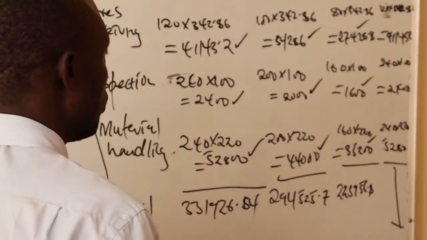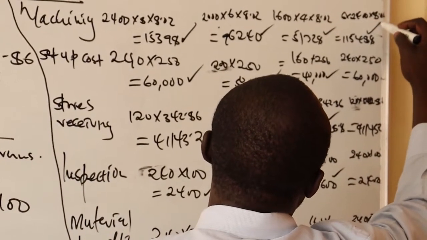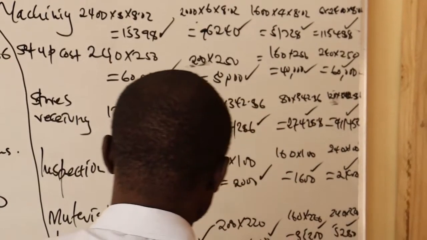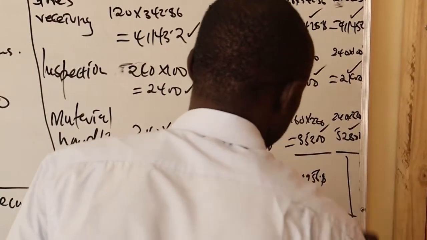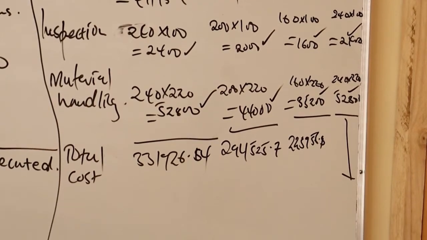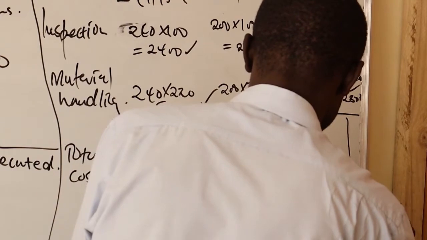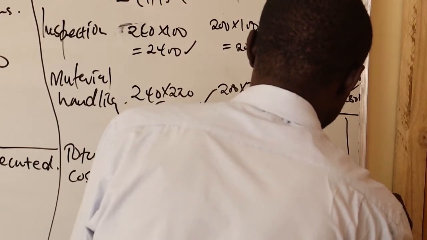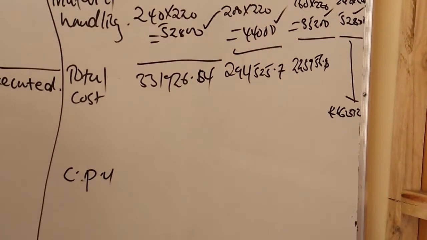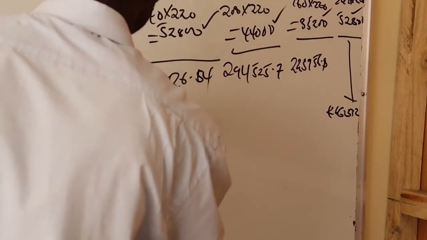We're going to add those values there, and we get the last one, which is 466,233.2. So for the cost per unit, we're going to divide by the number of units, which is 2,400 here.